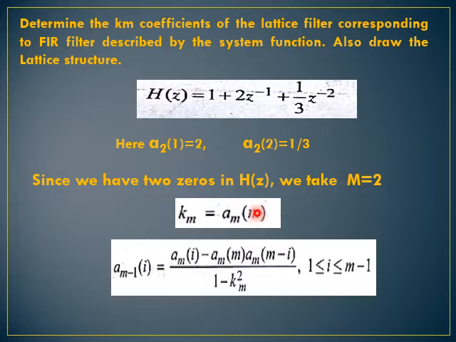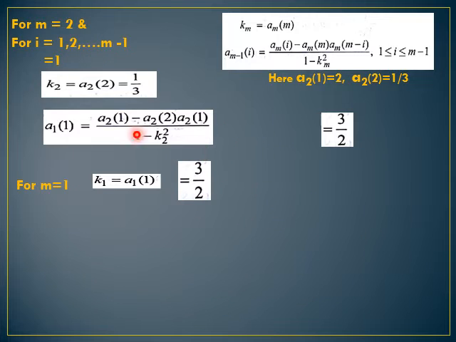So by using these formulas, we'll be calculating the value of Km and Am minus 1 of I. Let's see. Here the value of M is equal to 2 and the value of I can be calculated by this formula, therefore I becomes 1. So substitute the value of M equal to 2 and the value of I in these two expressions.